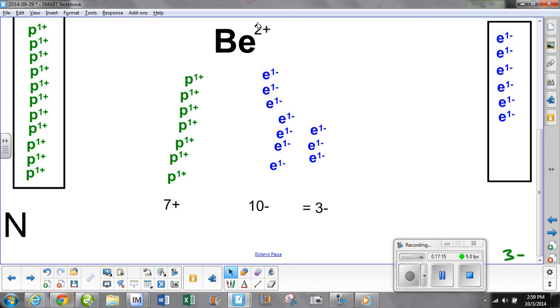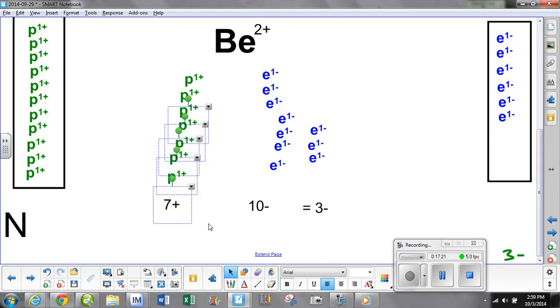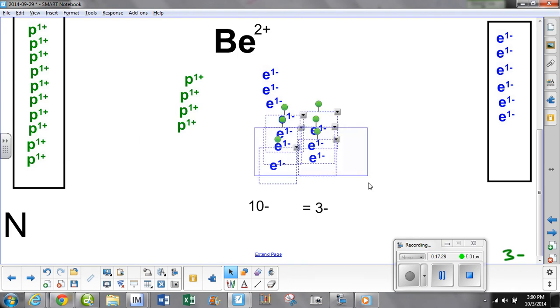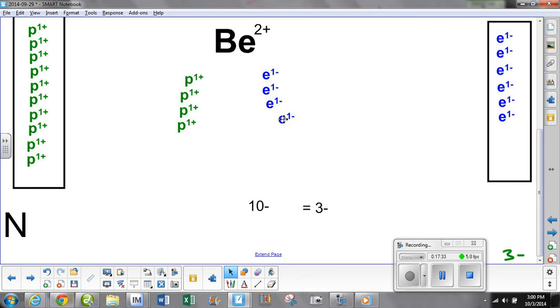Let's make him the right numbers here. Get rid of those guys. Whoops, one too many gone. There we go. Here's the guy without being an ion. So we have 4 pluses and 4 minuses, and that makes him neutral.